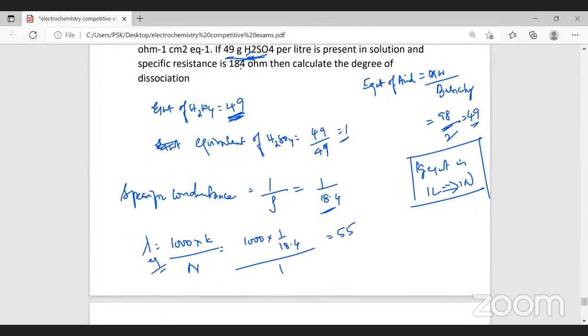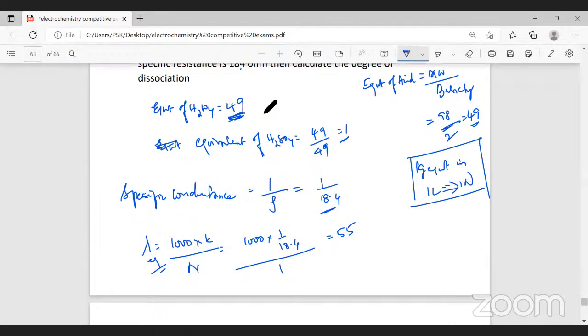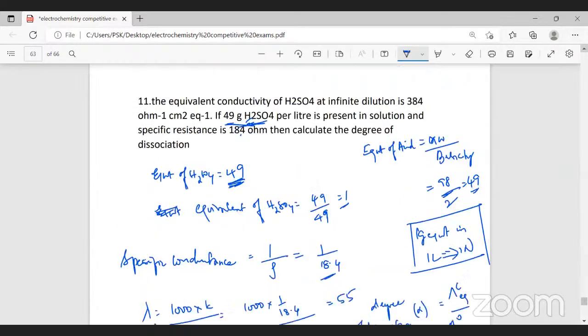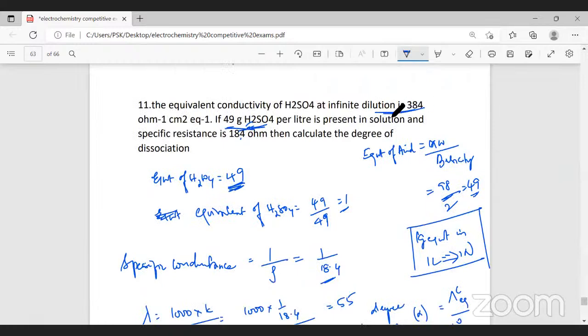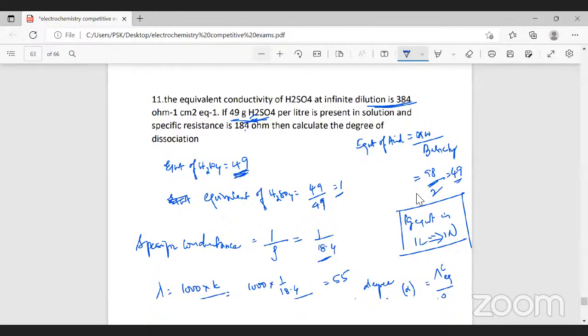Now, what is the question they've asked? Calculate the degree of dissociation. Degree of dissociation is given by the formula alpha is equal to conductance at a particular concentration divided by conductance at infinite dilution. At infinite dilution, the conductance they have given is 384.